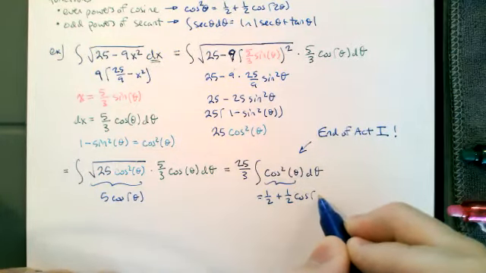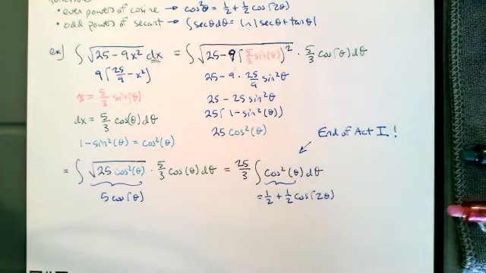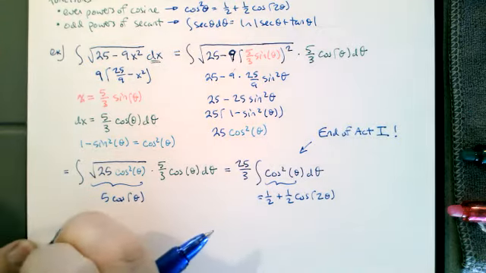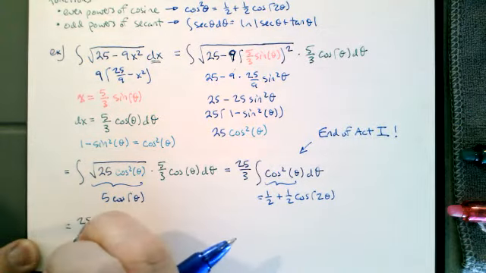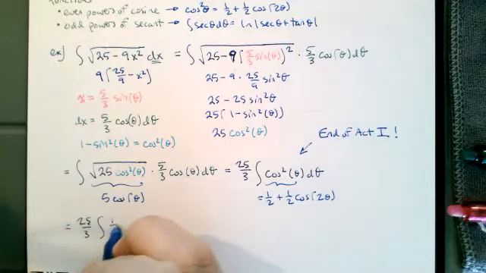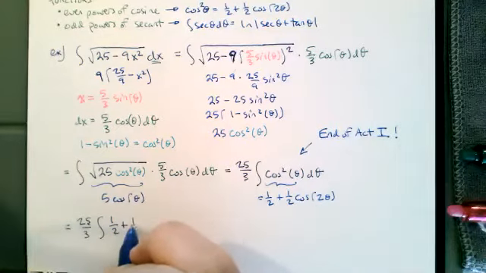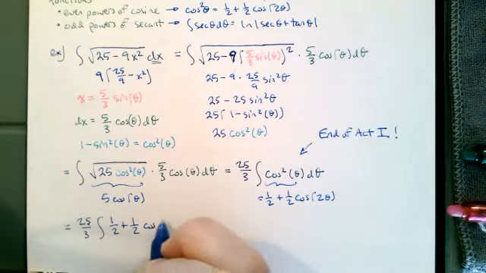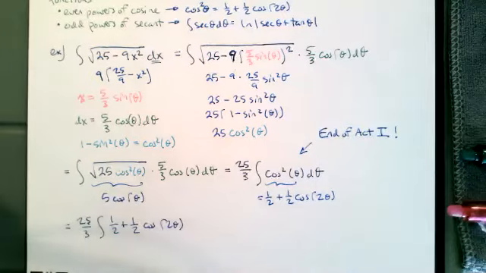This is not the integral of cosine squared. We're not integrating cosine squared to get 1/2 plus a half cosine theta. We're just replacing the cosine squared with a half plus a half cosine of 2 theta. So we're still looking at the 25/3, and we're still integrating, but now we're going to integrate 1/2 plus 1/2 cosine of 2 theta.